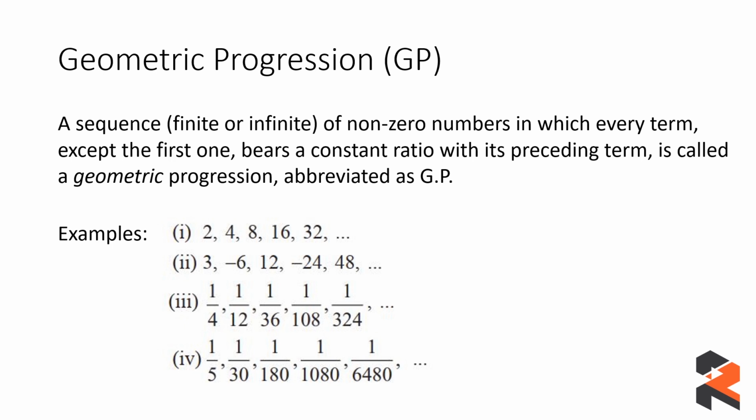So in geometric progression, we have a constant ratio. In arithmetic progression, we have a constant difference. In the examples mentioned here, the common ratios are 2, minus 2, 1 by 3 and 1 by 6 respectively. I hope you got the basic understanding of geometric progression.